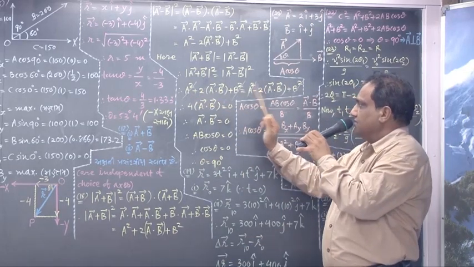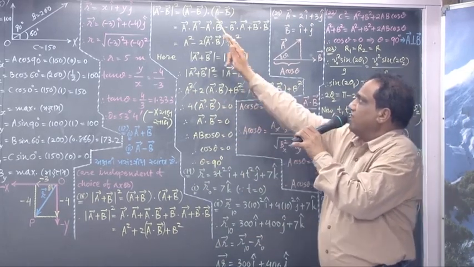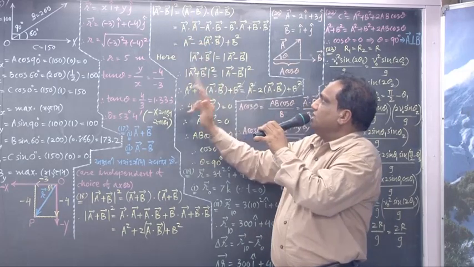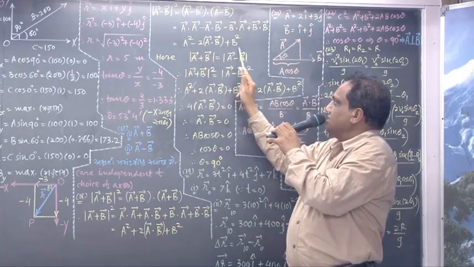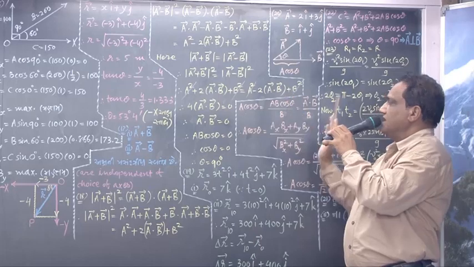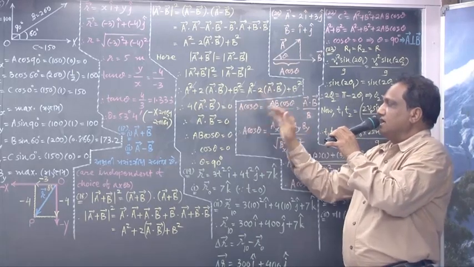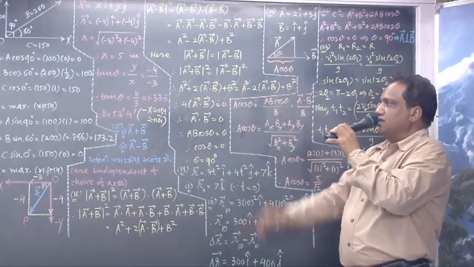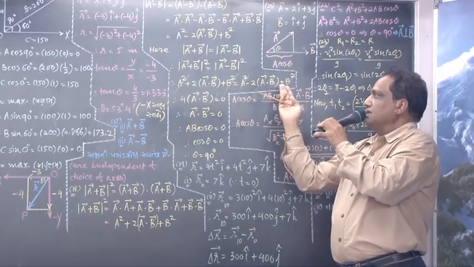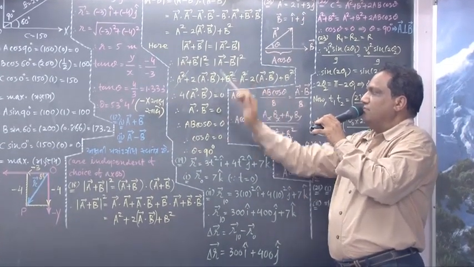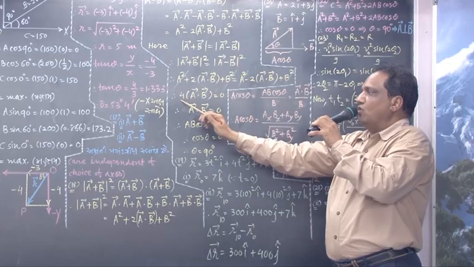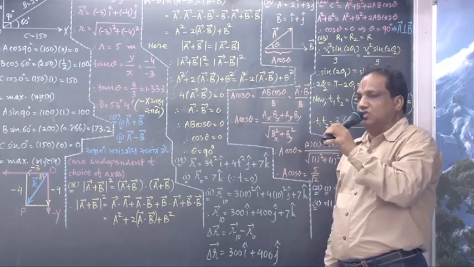Same thing I have written here. Square of this you found out; same value is written here. Now A square will cancel, B square will cancel. Transfer this part, from minus it will become plus. 2 plus 2, 4 into vector A dot vector B equals 0.